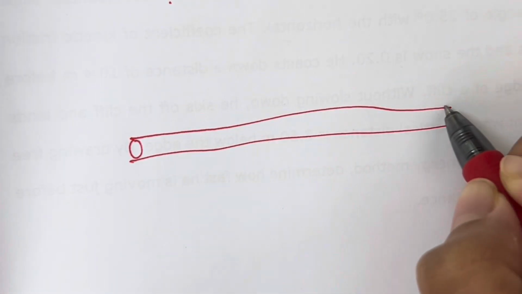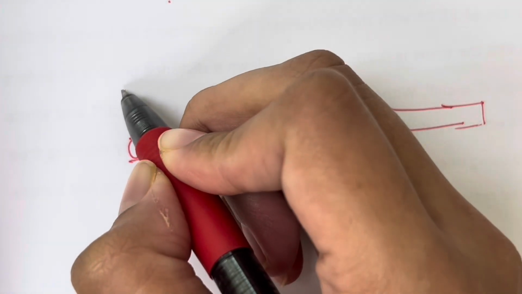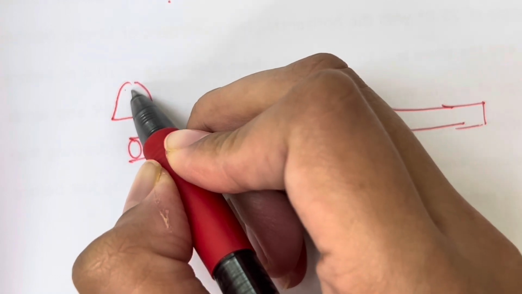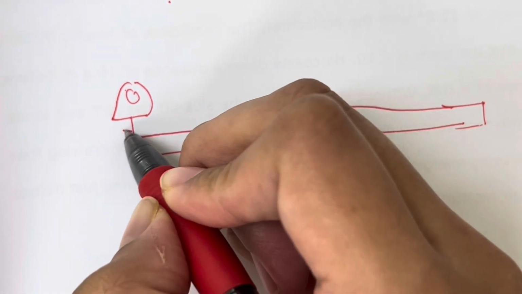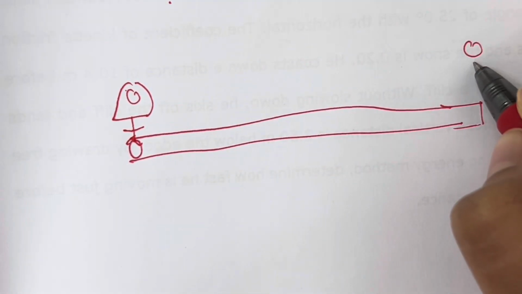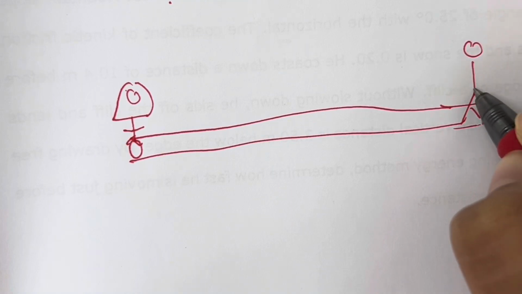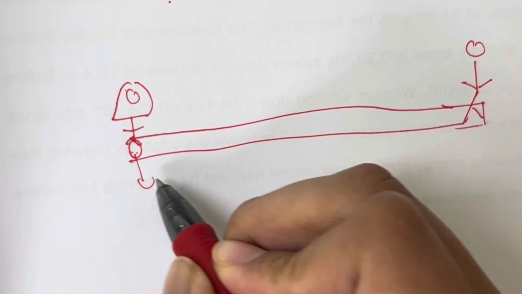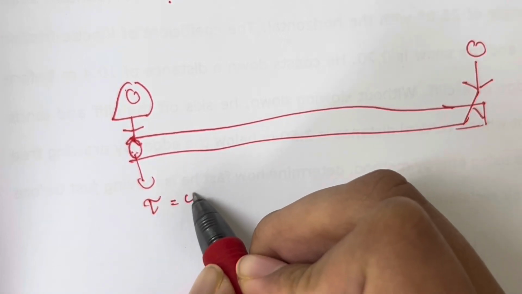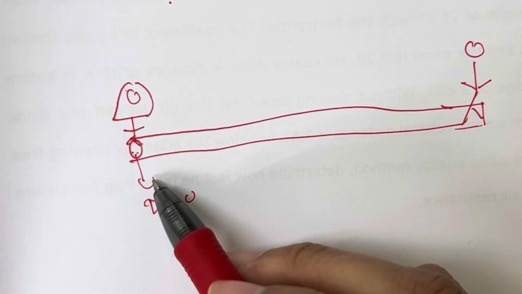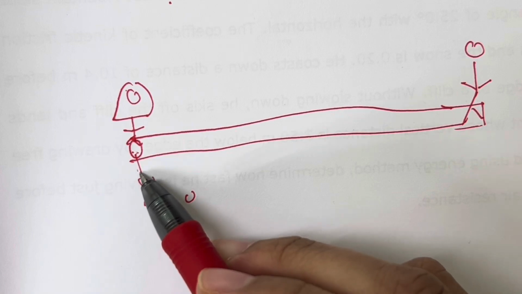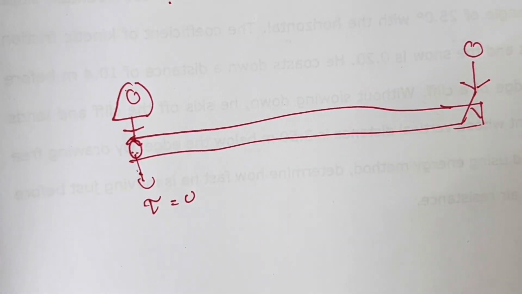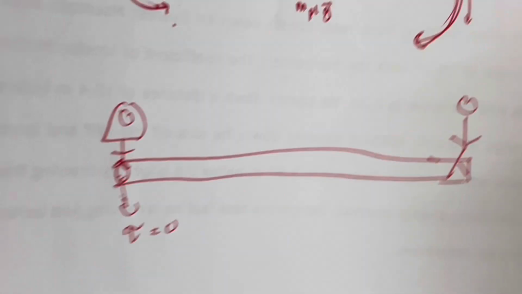The woman is here, and the man is here. What you can see is that the torque for the woman will be 0, because there will be no displacement for the woman. So that is for question C.